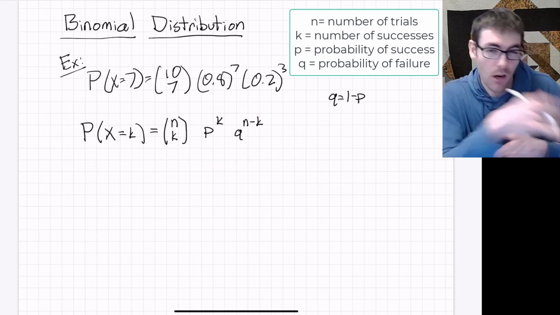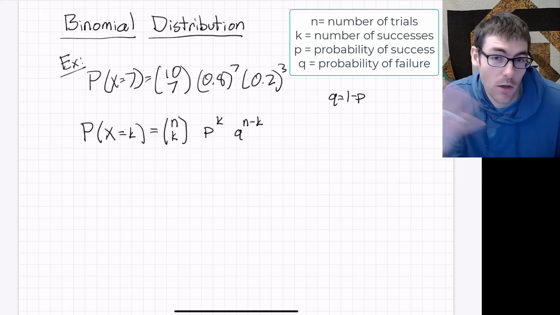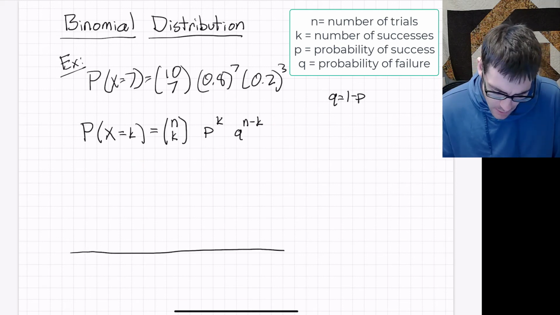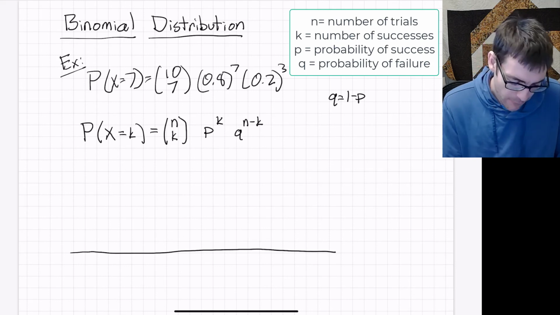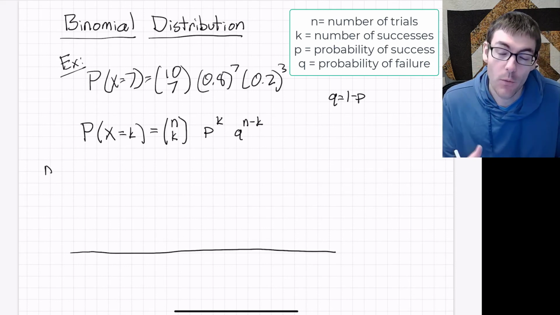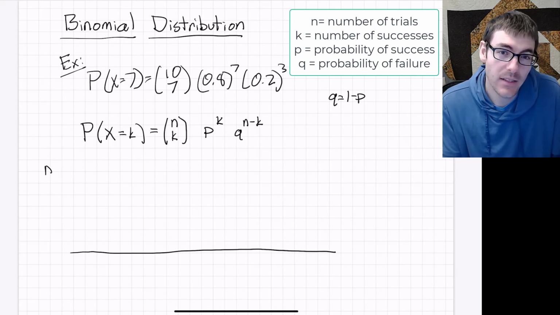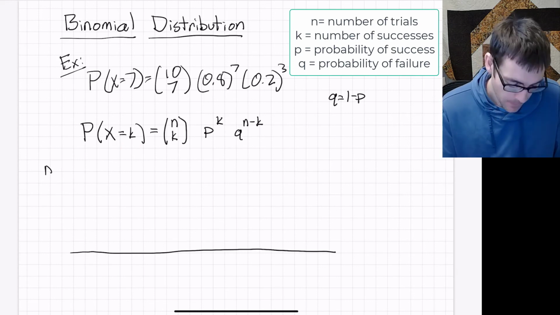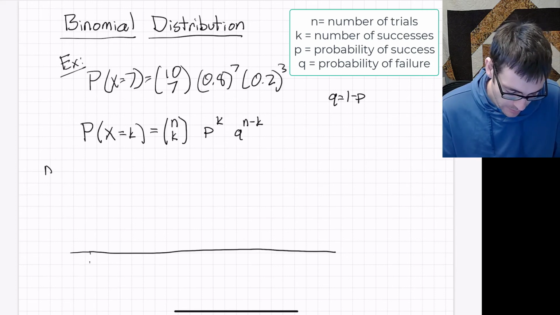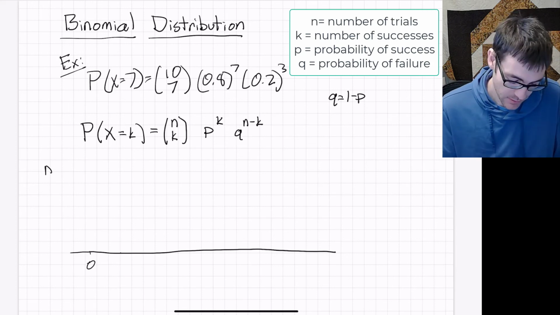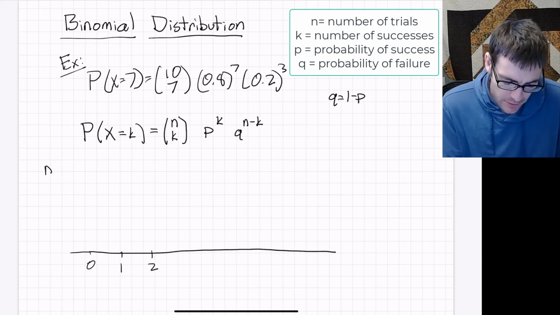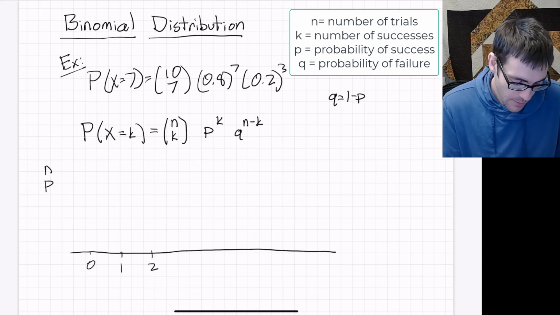One thing that we can do now that we have an equation like this, and this is something that we'll talk more about on Monday, and that we'll also be discussing in class on Friday, is that we can plot. If we fix a certain n, we can plot along an axis the different values of k. So maybe we can say, all right, what's the probability that we have 0 successes, or 1 success, or 2 successes for a particular choice for p and q.